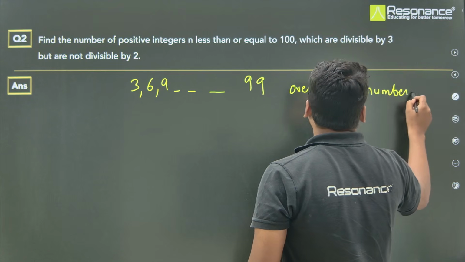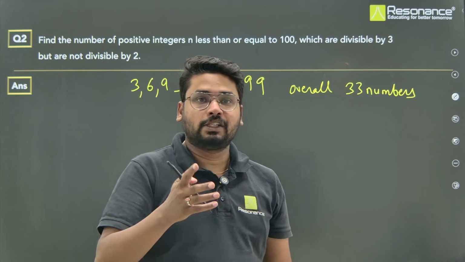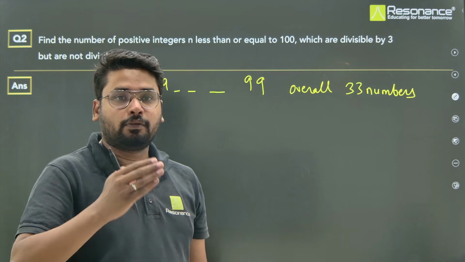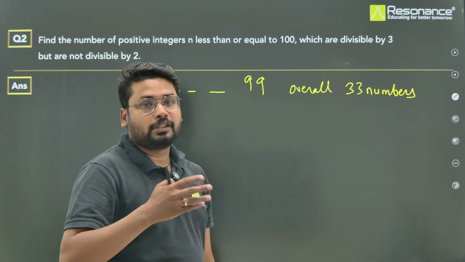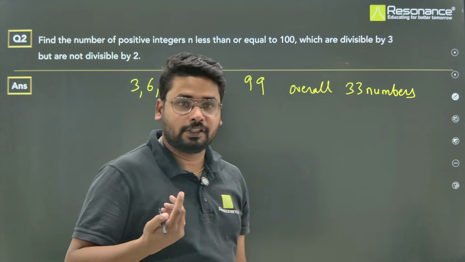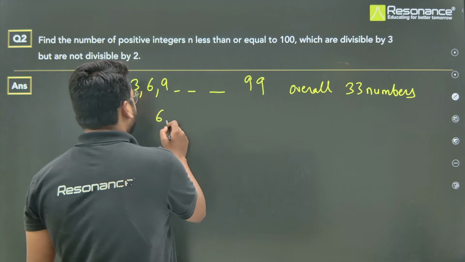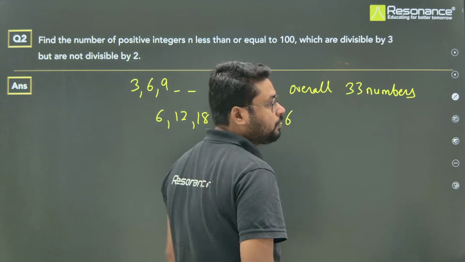The second condition is that they are not divisible by 2. So 3 into 2 is 6. So 6, 12, 18. These are in the table of 3, or you can say multiples of 3, but they are divisible by 2 also. That is why we have to remove these numbers. So 6, 12, 18 and the last will be 96, that is 6 into 16.